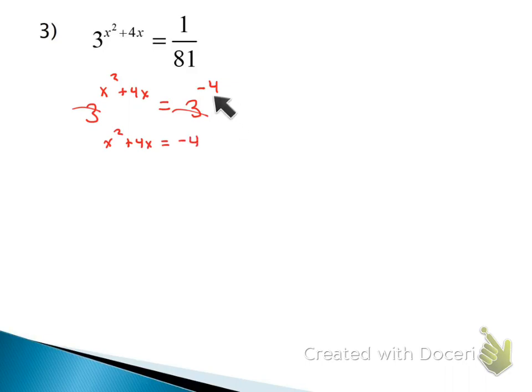Because I have a quadratic equation, I want it equal to 0, so I subtract over. Doesn't x squared plus 4x plus 4 factor into x plus 2, x plus 2? Or x plus 2 quantity squared, either way it works. So we're going to get x equals negative 2.